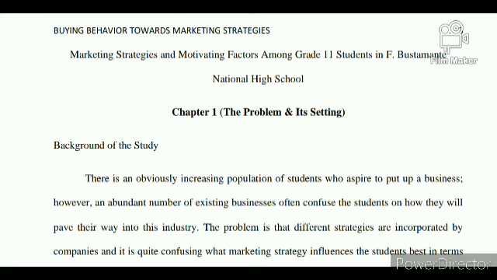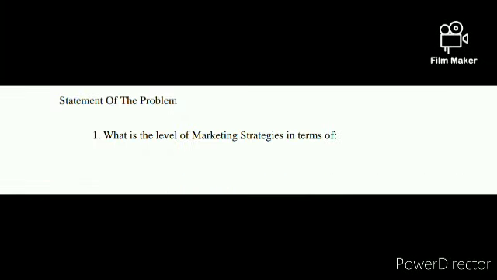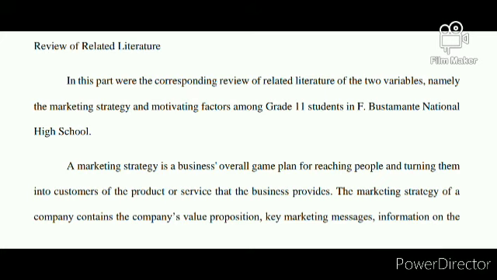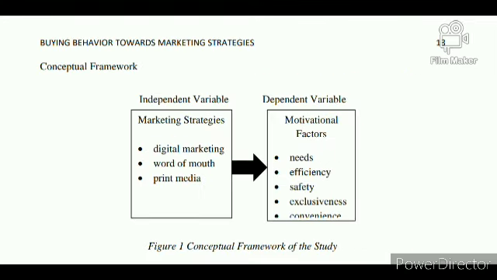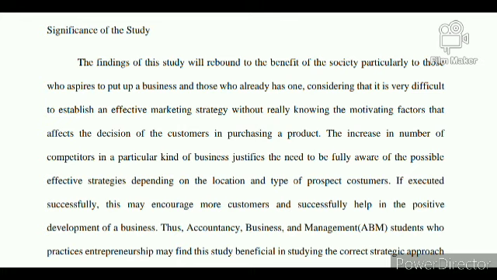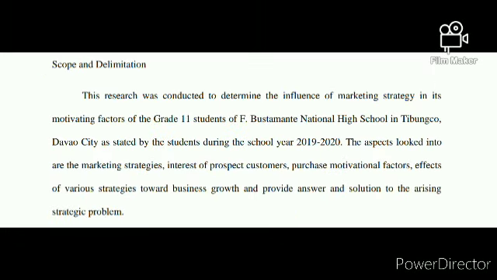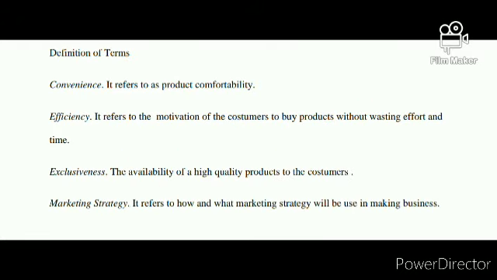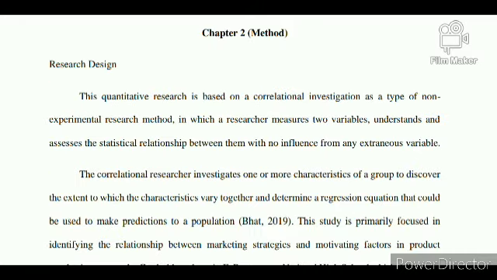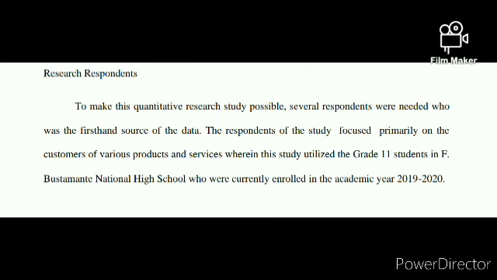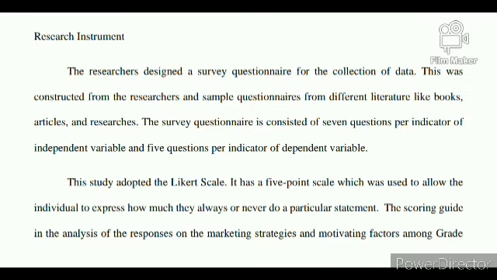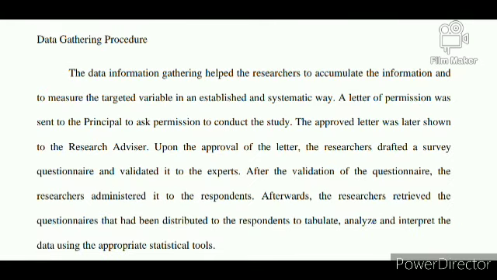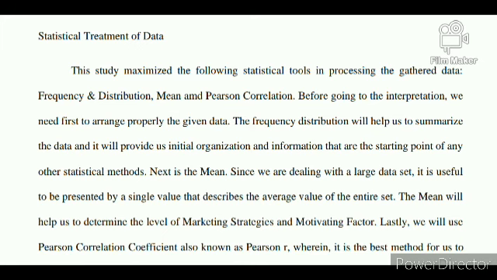We just copy from our research in senior high school the background of the study, statement of the problem, review of related literature, theoretical framework, conceptual framework, significance of the study, scope and delimitation, definition of terms, research design, research respondents, research locale, research instruments, data gathering procedure, and statistical treatment of data.